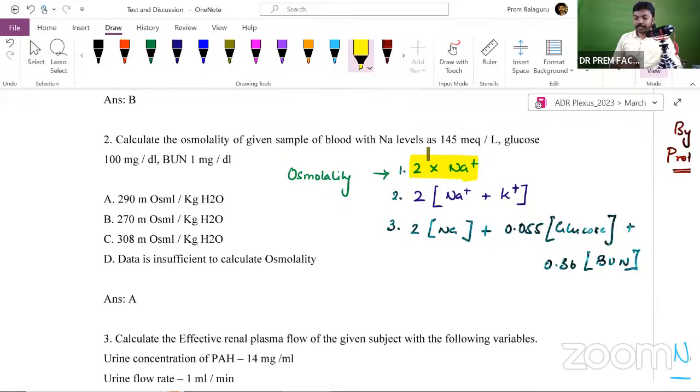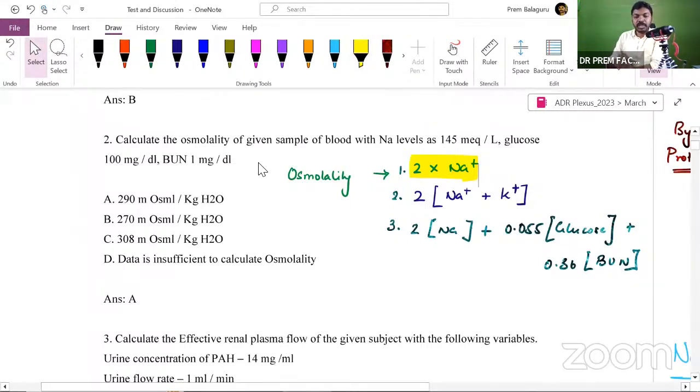Unless you have options given in very, very close numbers, say for example, 290, 298, 300, you can try the appropriate formulas. But if you see options which are widely placed, it's better to use the simplest formula.